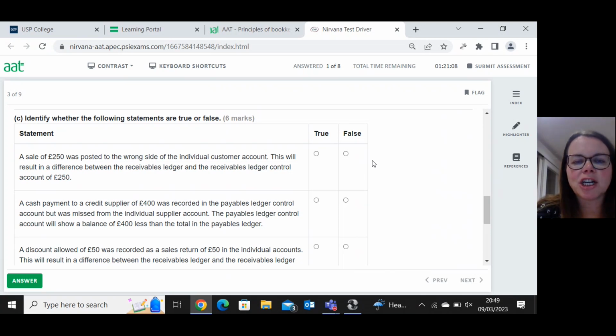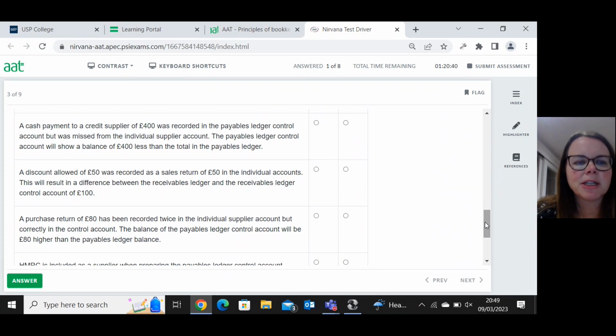In the control account it would have been done correctly, on the debit side. The trick here, when something is on the wrong side, is that to fix it you have to double it. So it won't just give us a difference of 250, it will give us a difference of 500. So false.